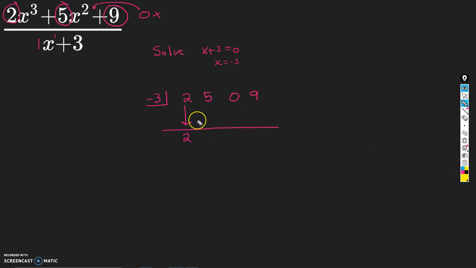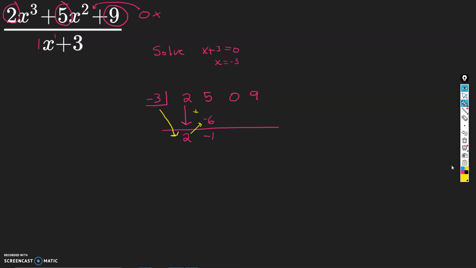Okay, first step, the 2 just comes straight down. And then I multiply my little window number by the number that came straight down, and then I put that here. So this is kind of like what we do in division. Negative 3 times 2 is negative 6. And then I add them together. That's very important. So 5 plus negative 6 gives me negative 1.